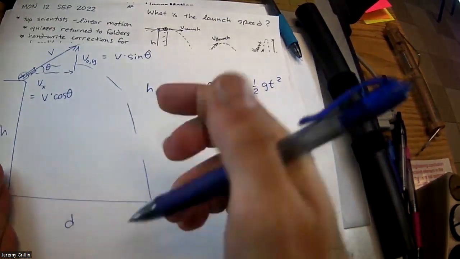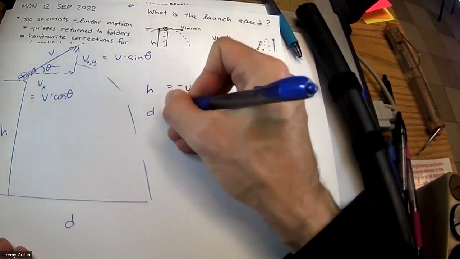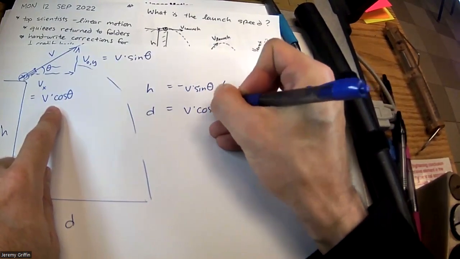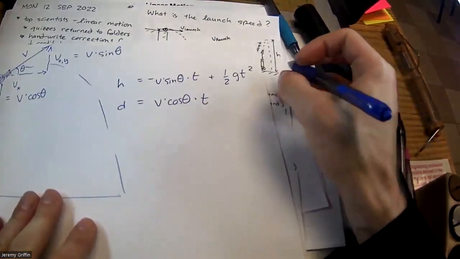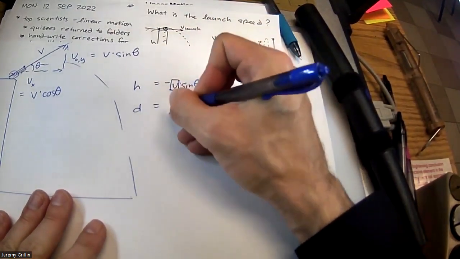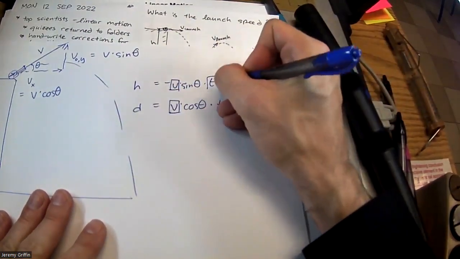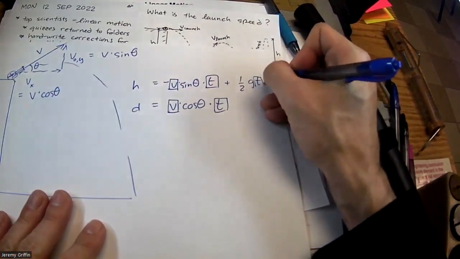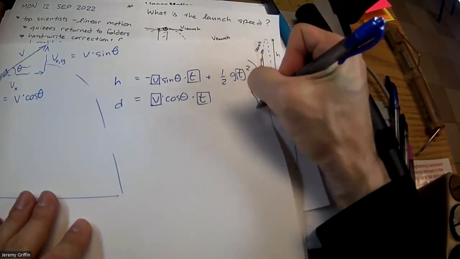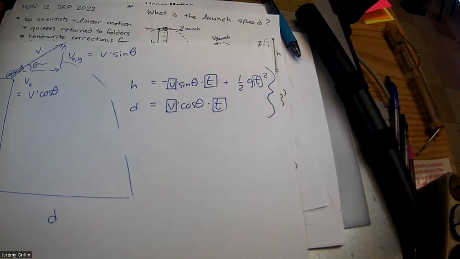You could also say that this distance d equals v times cosine theta, all times the time of fall. Now you could measure all these things, except you would not know what v is, and you also would not know what t is. But you guys see how this would be a system of equations? So that would be your system of equations, and that's what would get you started. There'd probably be a quadratic formula involved in there.